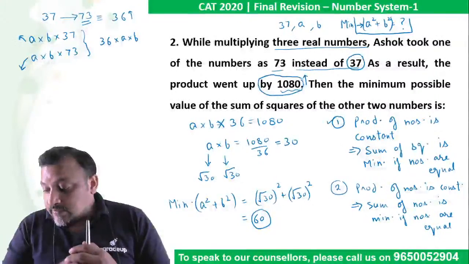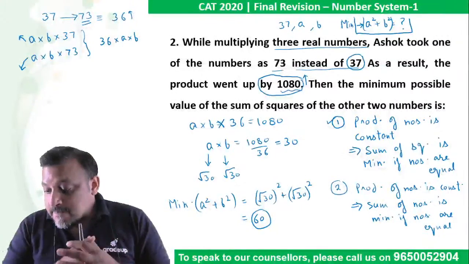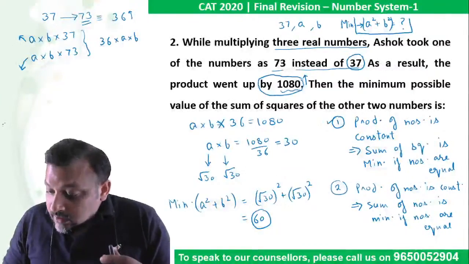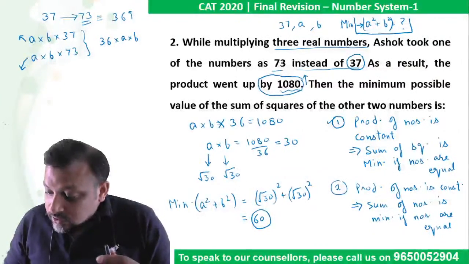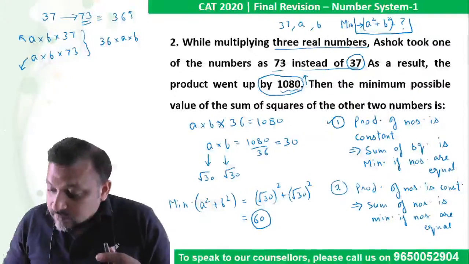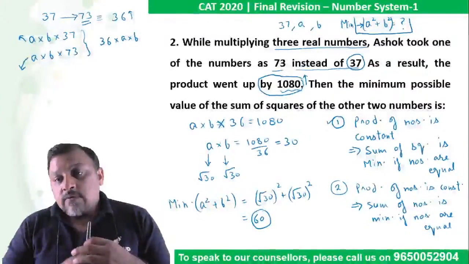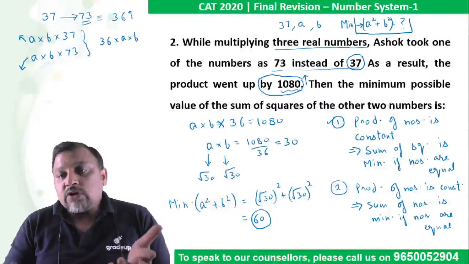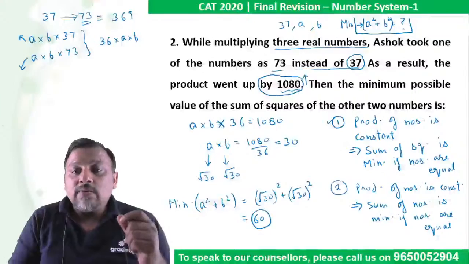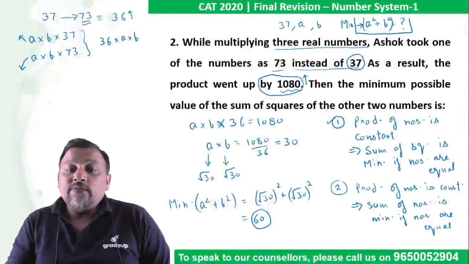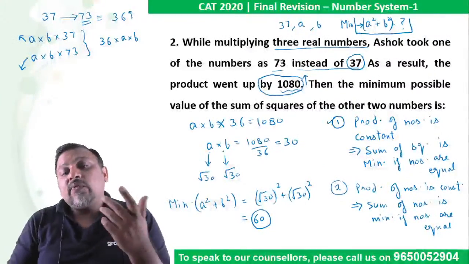Is this clear? Yes, Vijay, Manoj, Ankit, is this clear? Saurav? If it was given that the numbers are natural numbers, we would have tried to minimize the difference of the numbers.